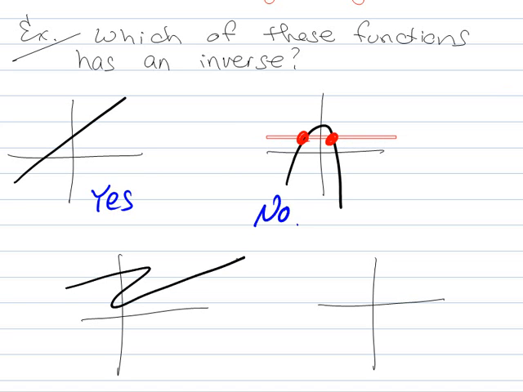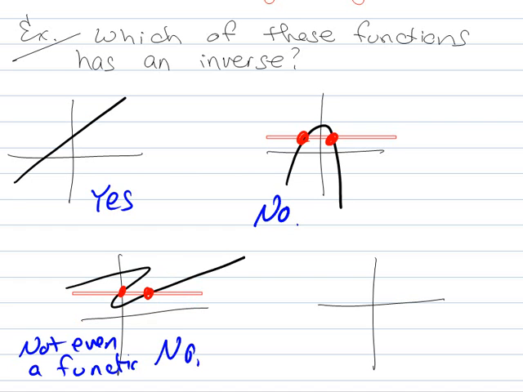Well, that's not even a function, is it? So, I think it's pretty clear that no, it definitely hits in more than one spot. No. Not even a function. That was kind of tricky.